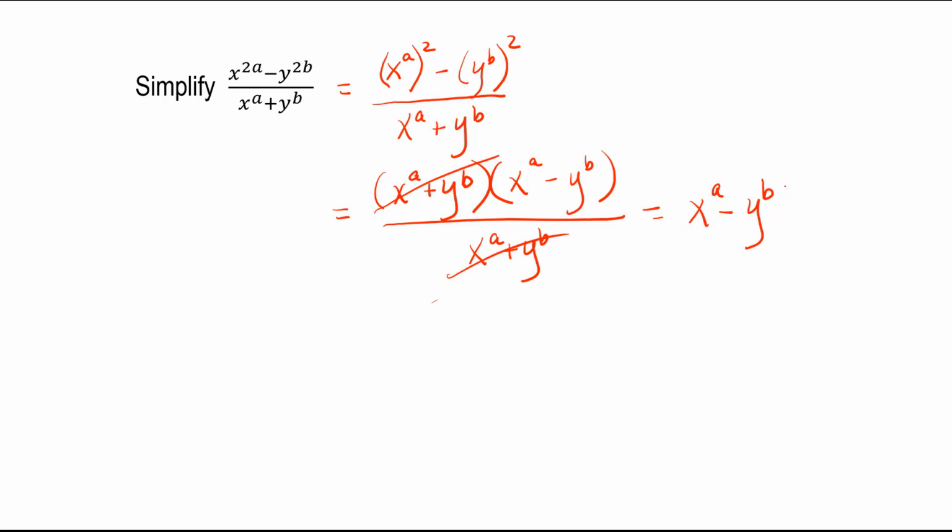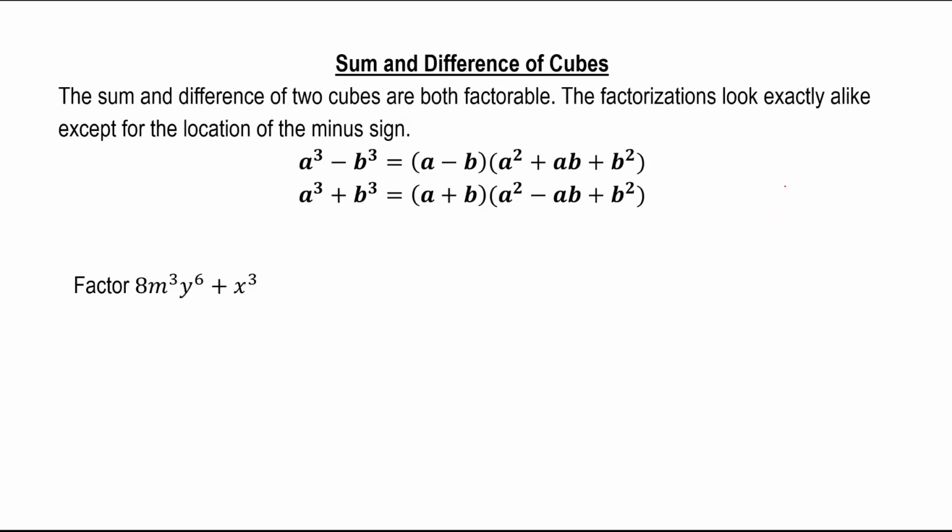We are also now going to look at the sum and difference of cubes. So the sum and the difference of 2 cubes are factorable. If you remember, the sum of squares is not factorable. The difference of squares is factorable. We just did that. The sum and difference both of cubes are factorable, and these are their factorizations.